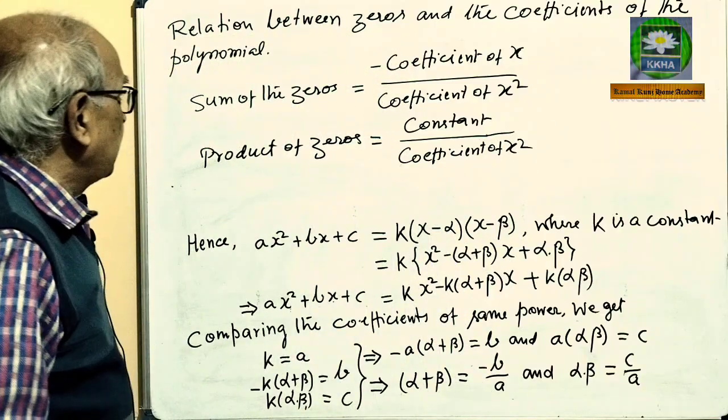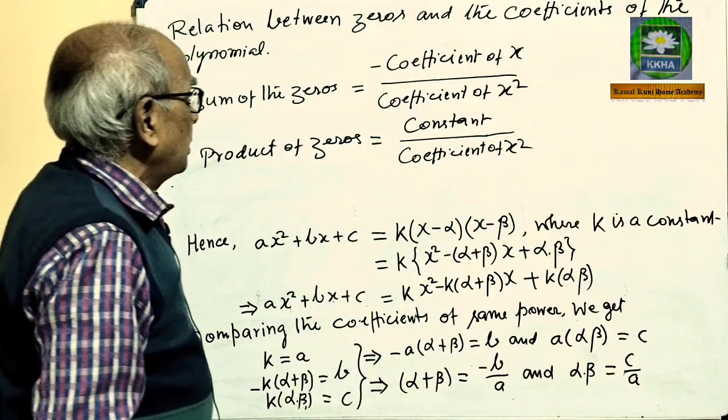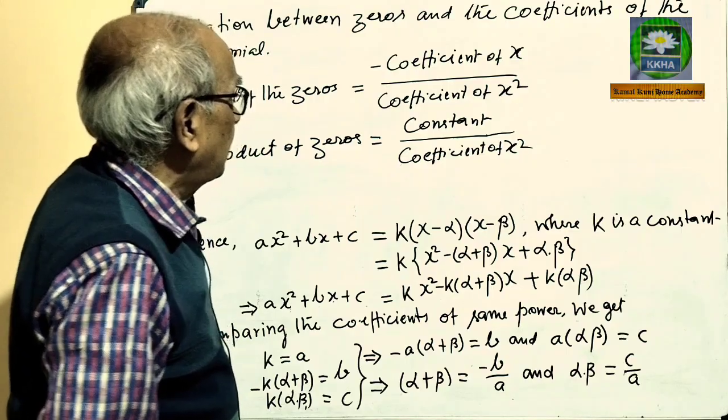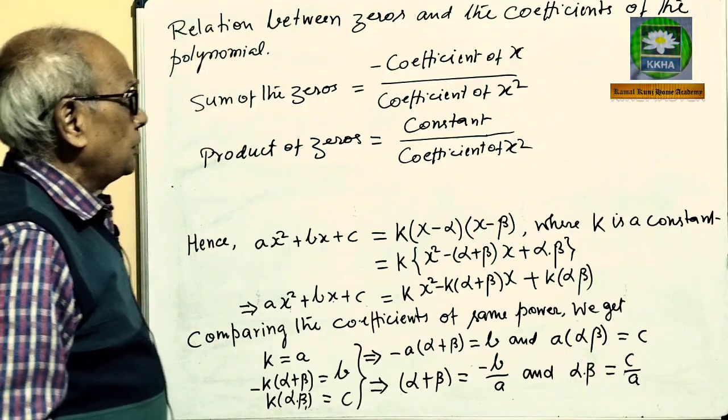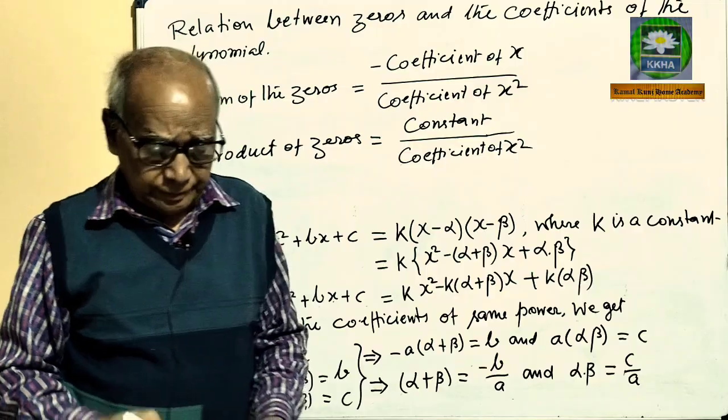So this is the relationship between zeros and coefficients of a quadratic polynomial.